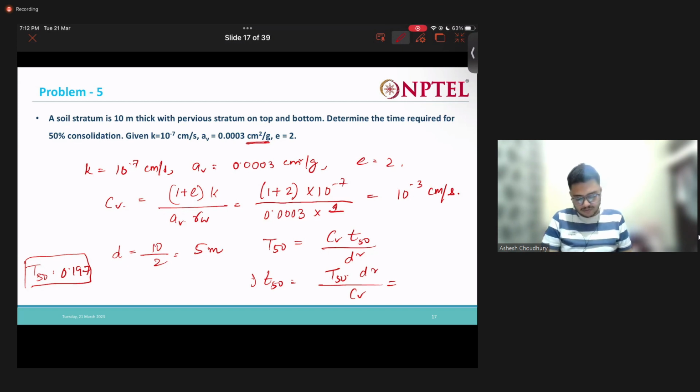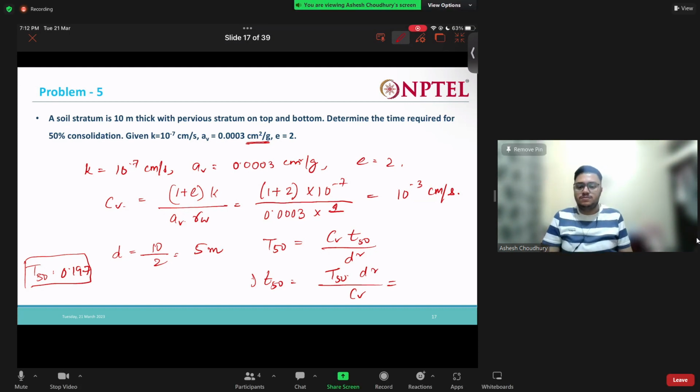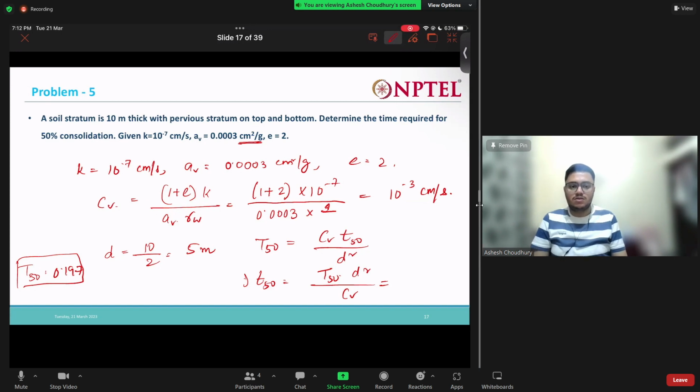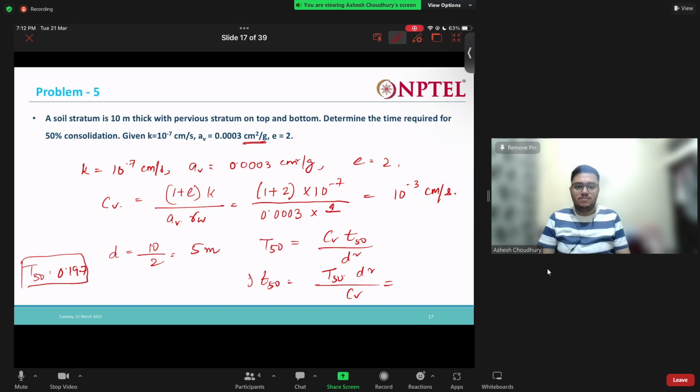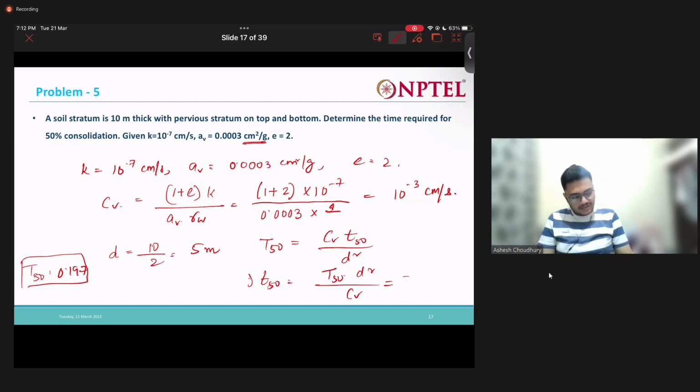Very simple. 0.197 into 5 meters, so you can do 500 square divided by this 10 to the power minus 3. It will come in seconds, so please just convert that to days. 570 it's coming. 570 days.